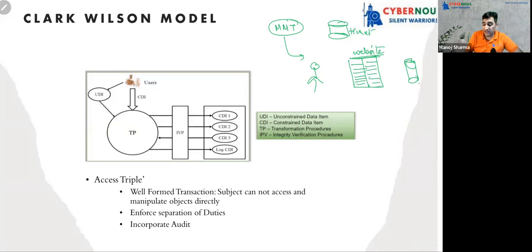It is because the user who is coming from the internet can be a good guy, he can also be a bad guy. He may give you very good quality data. He may also give you some bad data, that means some malicious script and those kinds of stuff. That kind of data is called UDI, unconstrained data item. Right? To convert this UDI, because you can put up anything.